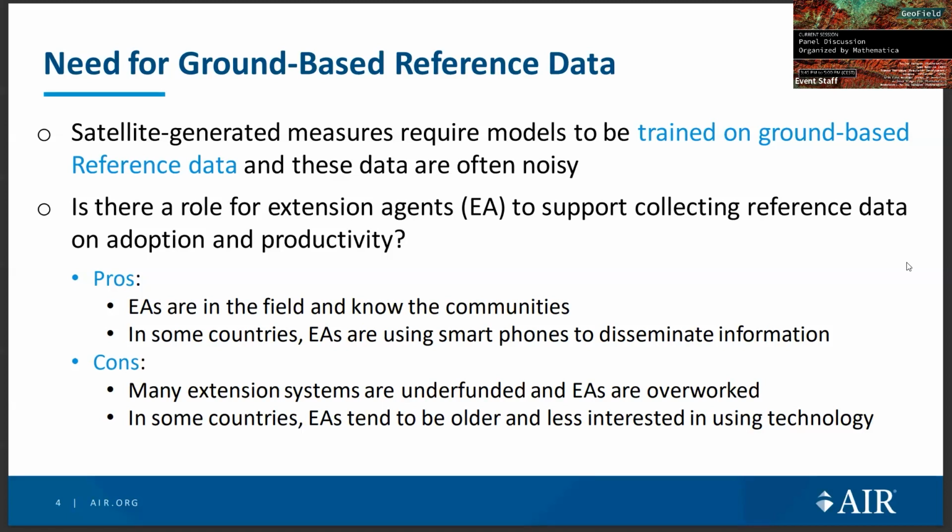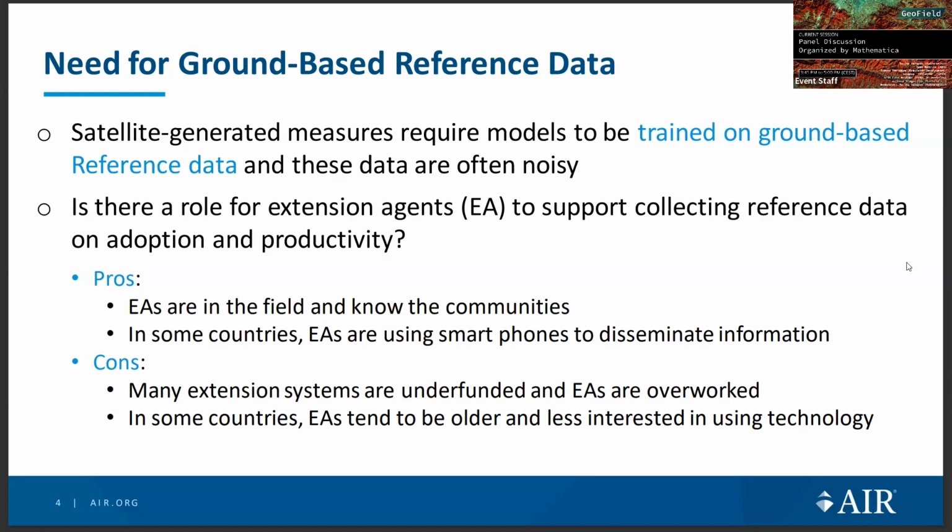And then the other thing is that in some particular countries, the young generations are not that interested in working in agriculture. And you see that in the composition of the extension agents: in some countries, most of them are male, close to retirement, with very little interest in working with technology.